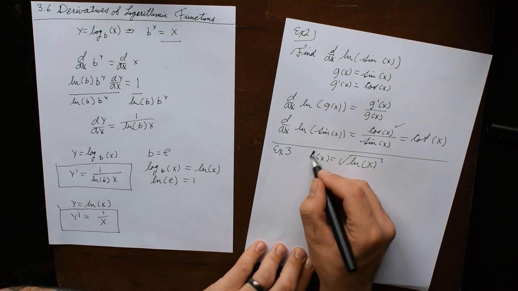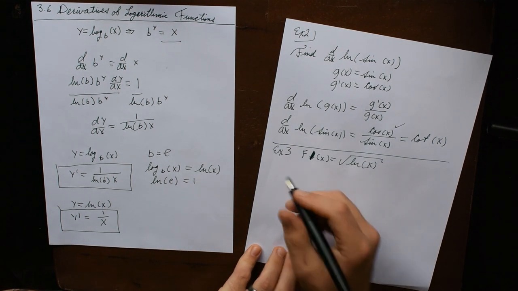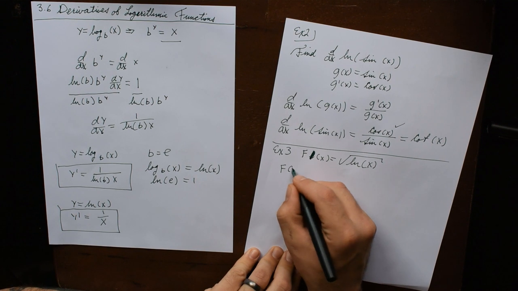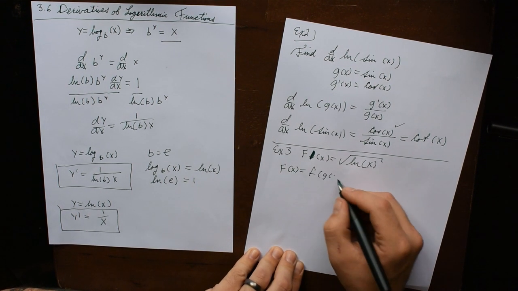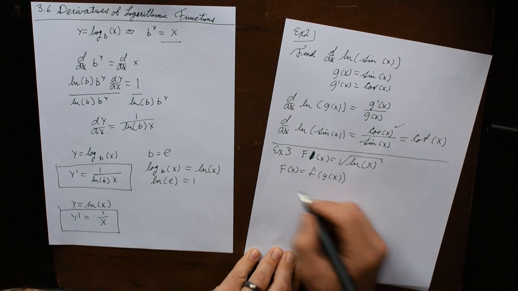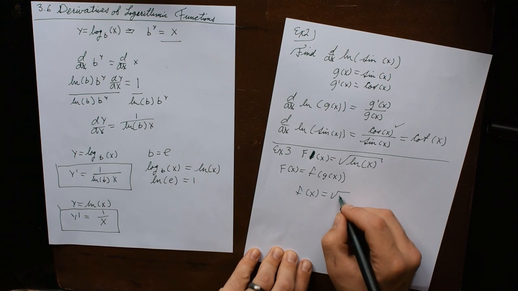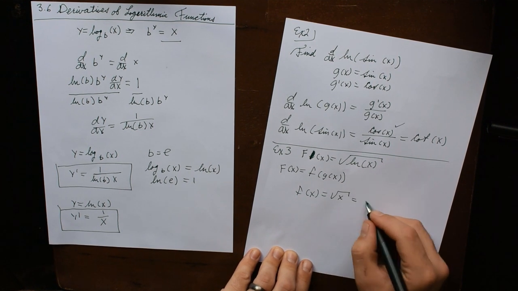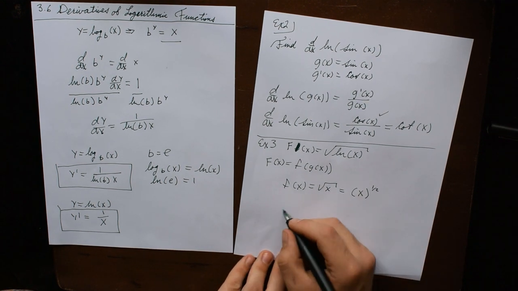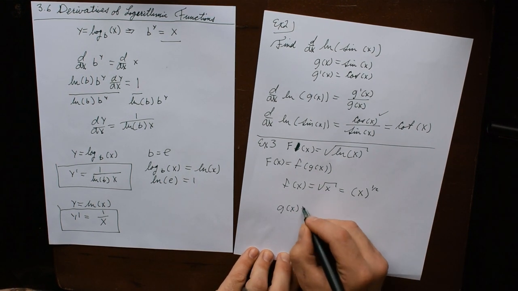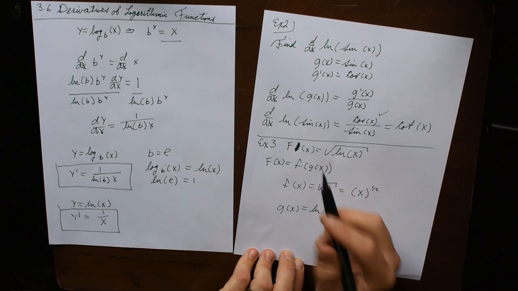I will go through, and instead of a lowercase f, I'll use a capital F, so I can keep with this notation of capital F of x being a composition of little f of g of x, where f of x is equal to, we can call it the square root of x, but for what we're doing it'll be more convenient to call it x to the 1/2, and g of x is equal to the natural log of x. We're going to use the chain rule.